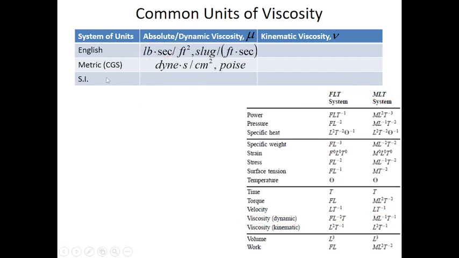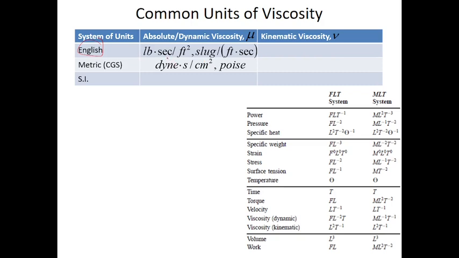Okay. O, pag metric system or CGS, by the way, ang English ay yun din yung BG, yung British Gravitational System, no? Tapos meron akong introduce na bago, yung metric system or CGS system, no? Centimeter, gram, second system. So sabihin yan, CGS.